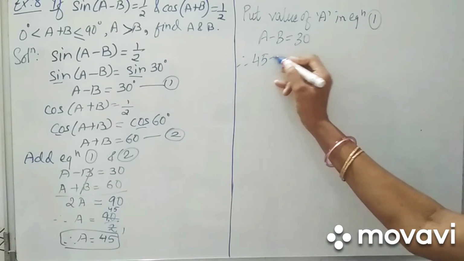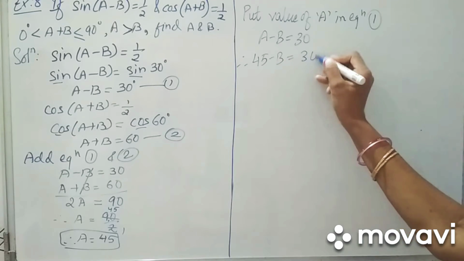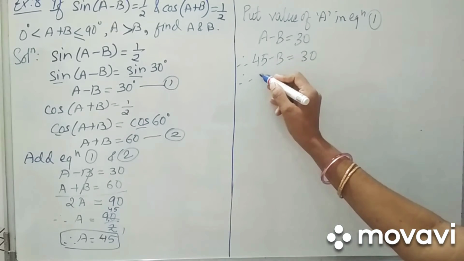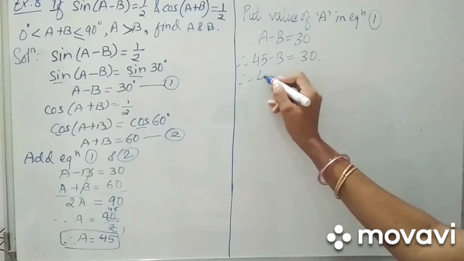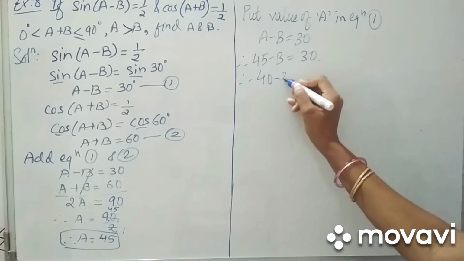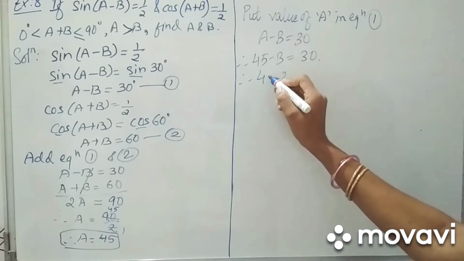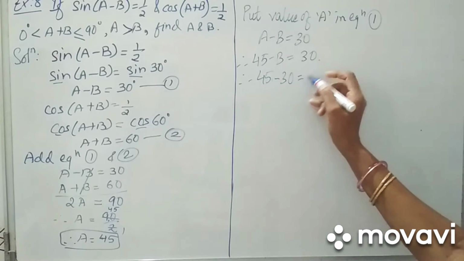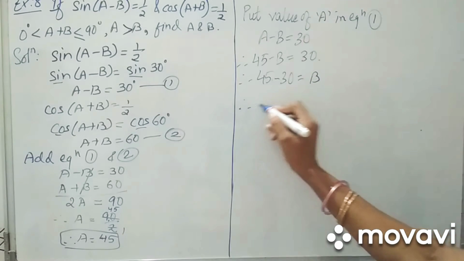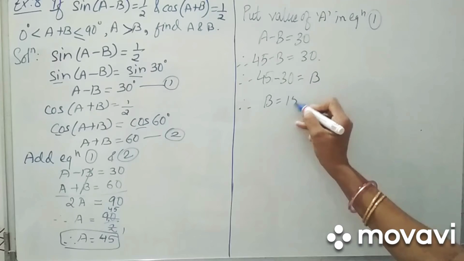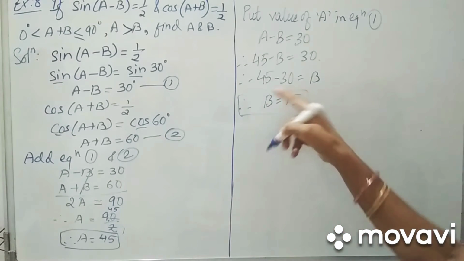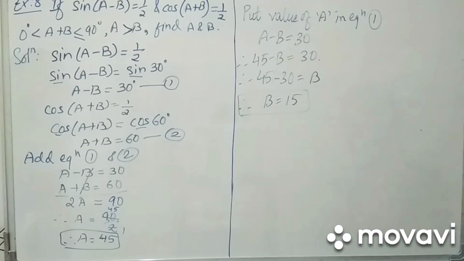Therefore 45 minus b is equal to 30. Therefore I take b on the other side and 30 on the left side. So 45 minus 30 is equal to b. Therefore b is equal to 15 is your answer. So this way you got the value of a and b.